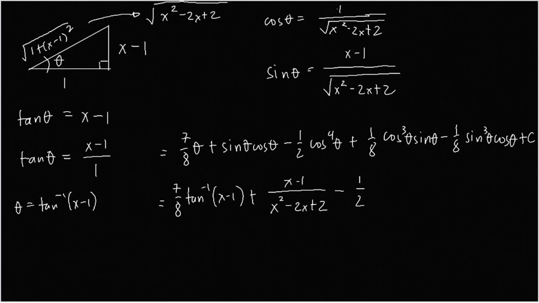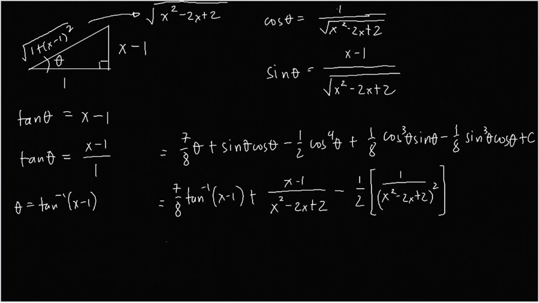So, pag in-square mo to, magiging ano to? 1 divided by x squared minus 2x plus 2 squared. Okay? Pagbilang natin muna yung parenthesis for the meantime. Kasi raised to 1/2 ang square root natin, no? Then, pag na-raise mo siya ng 4, magiging square siya.